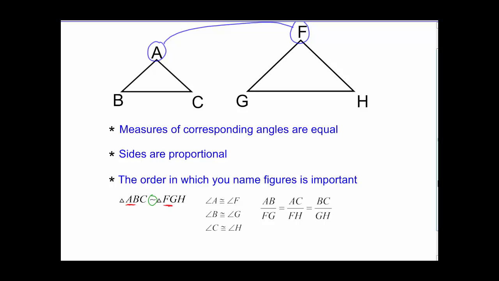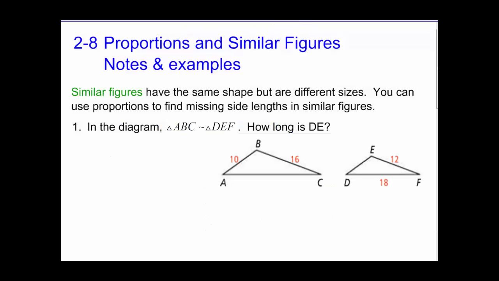Now that we have some information on similar triangles, let's go back and say, if in the diagram triangle ABC is similar to triangle DEF, how long is DE? So if we go over to the right triangle, we want to figure out how long is this side, DE? We have to figure out what side on the other triangle DE corresponds to.